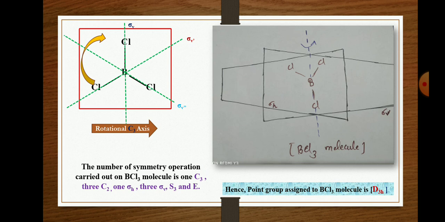It means when a horizontal plane of symmetry is perpendicular to the rotational axis or principal axis, then that point group is labeled as D. So it is dihedral, and 3 is from the 1 C3 rotational axis, that is the principal axis, and h is the molecular plane, a horizontal plane. Therefore the point group assigned to BCl3 molecule is D3h.